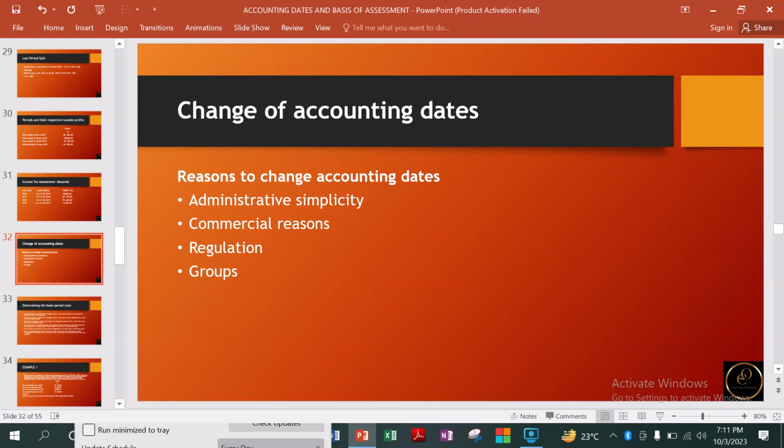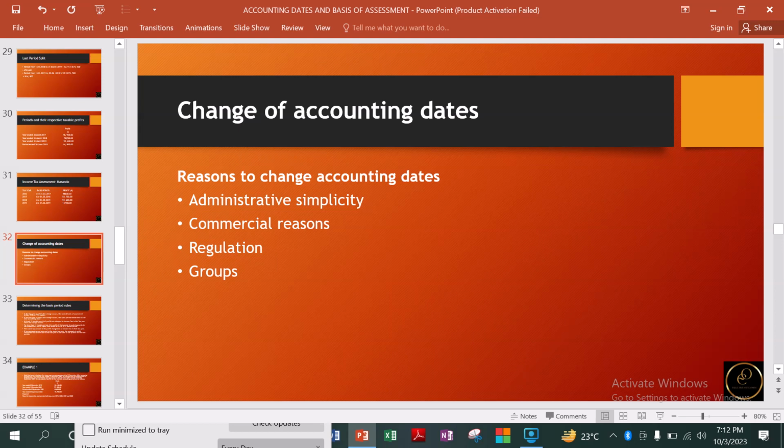So when it comes to closing accounts, they will rather close accounts properly when the organization is off peak, so that they attend to all those procedures and processes that are required as you close the accounts. So the organization might think of shifting from the current accounting date to the one which is favorable for them in terms of administrative simplicity. So that could be one reason why an accounting date changes.